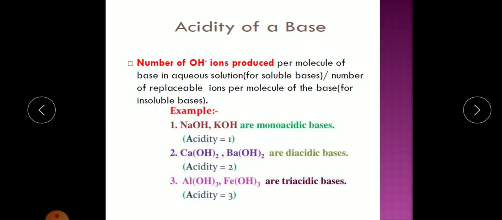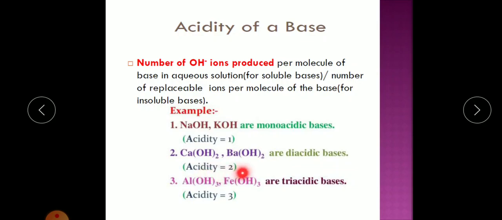For example, sodium hydroxide and potassium hydroxide, if you dissolve them in water, produce one OH minus ion, and because of that they are called monoacidic bases, because here the acidity is 1. Similarly, calcium hydroxide and barium hydroxide are called diacidic bases, because on ionization they produce two OH minus ions.